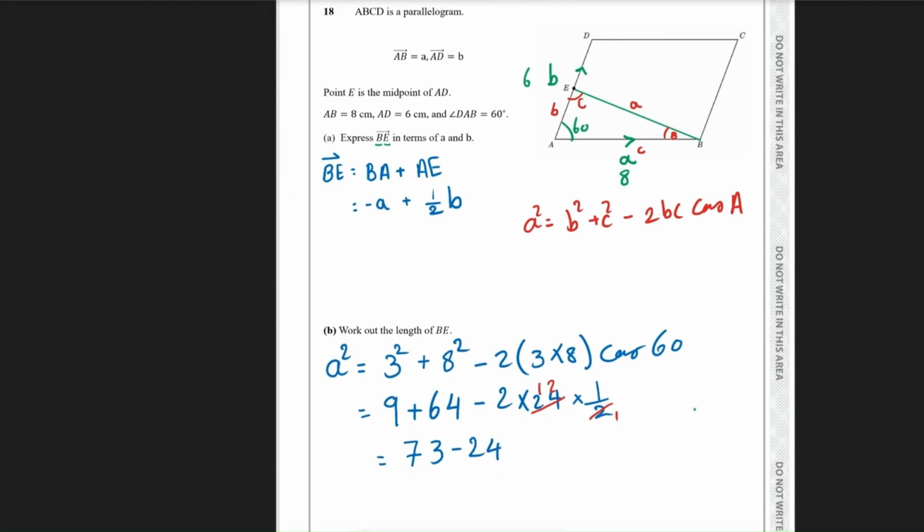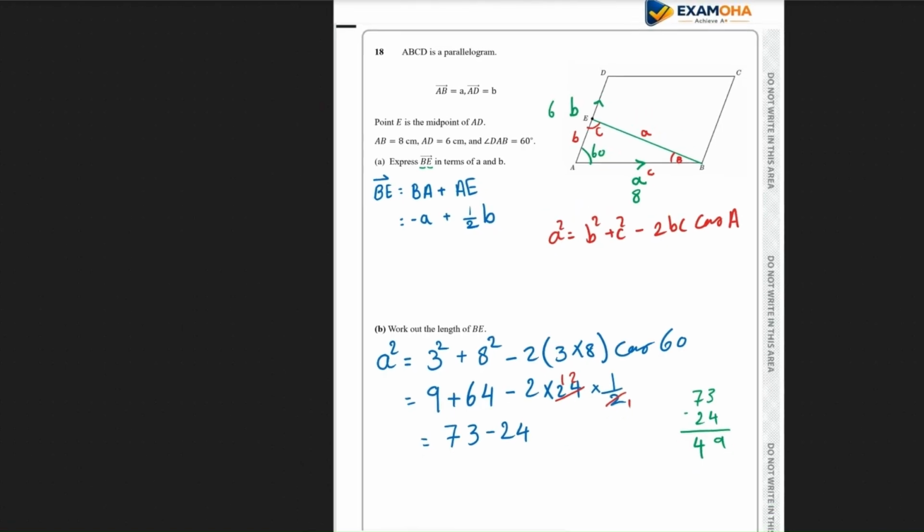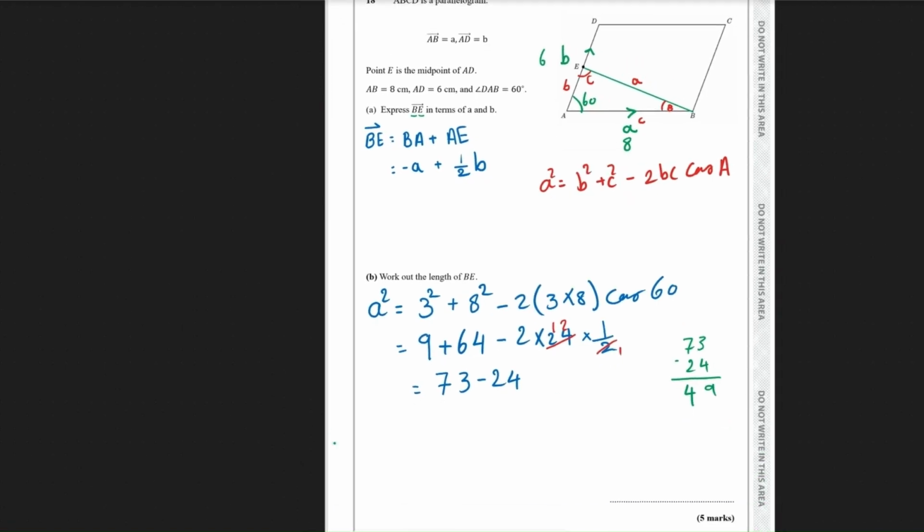So it's better to have the calculation on the paper, not in your head, please. So 13 take away 4 is 9. 6 take away 2 is 4 here. So that means a square equals 49.